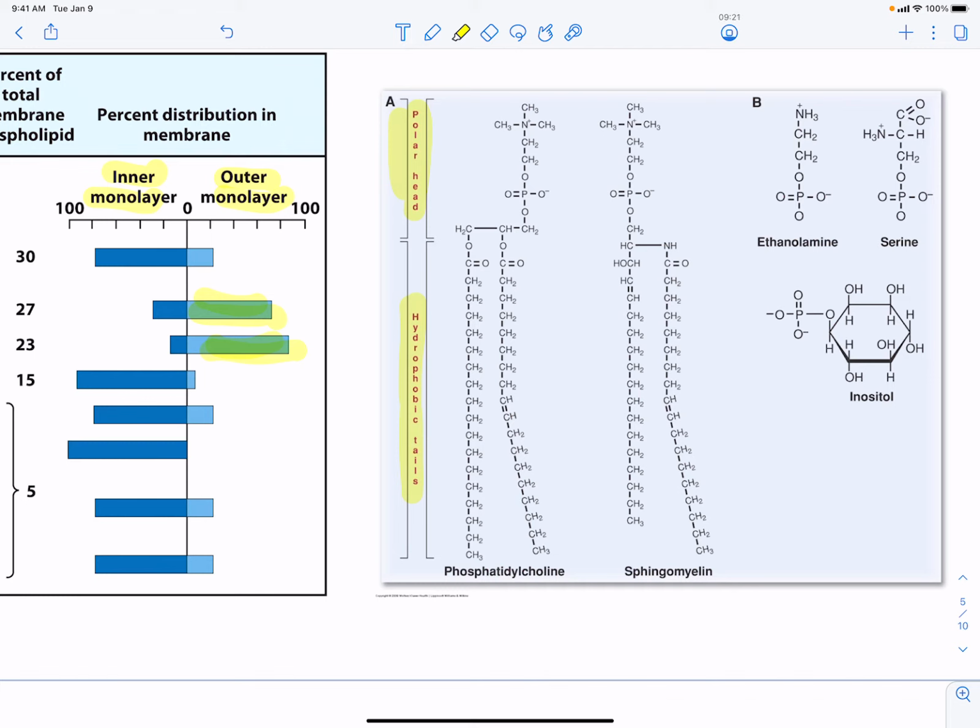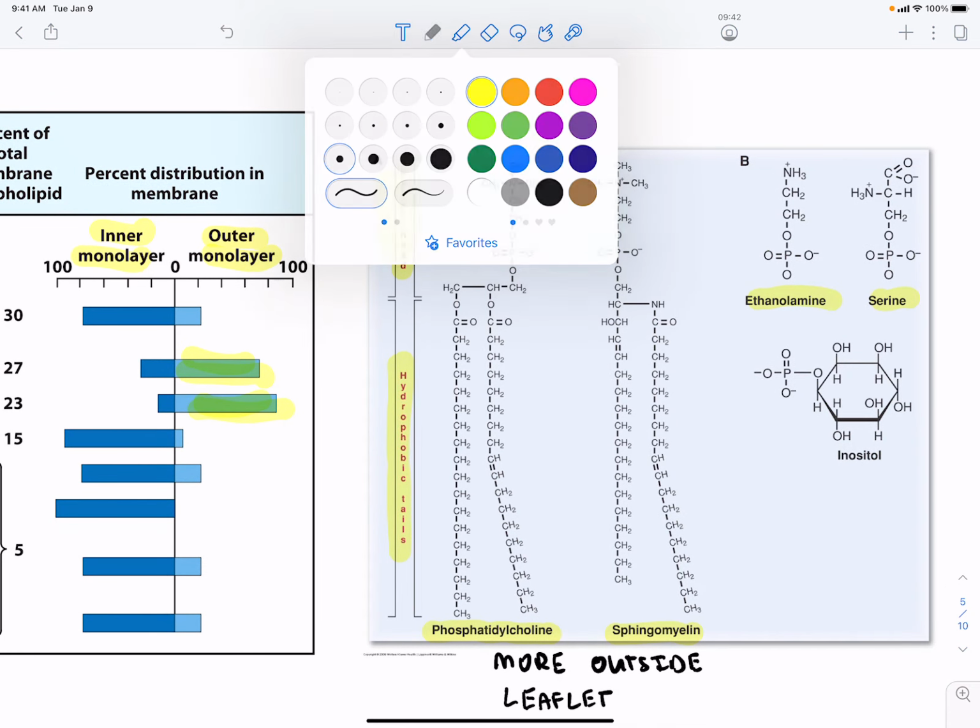Here we have phosphatidylcholine and sphingomyelin, which are on the outside leaflet of the membrane. And here we have ethanolamine and serine, and these 2 are going to be on the inner leaflet.